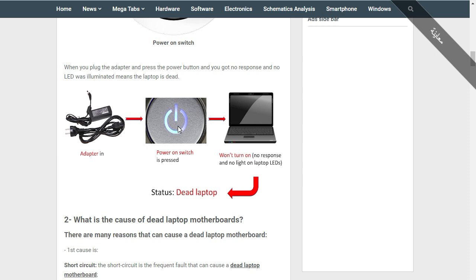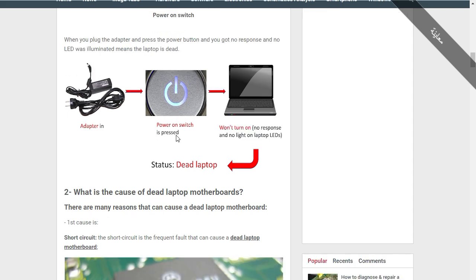Sometimes in the motherboard, some components, especially capacitors, store some electric charge. So when you push this power button, you let the laptop eliminate all the stored energy in its components, and then it could be powered on.